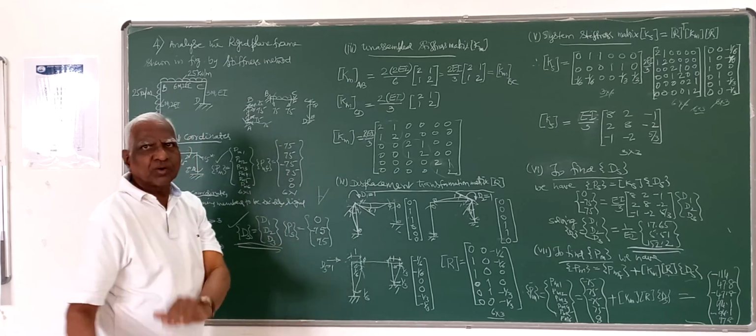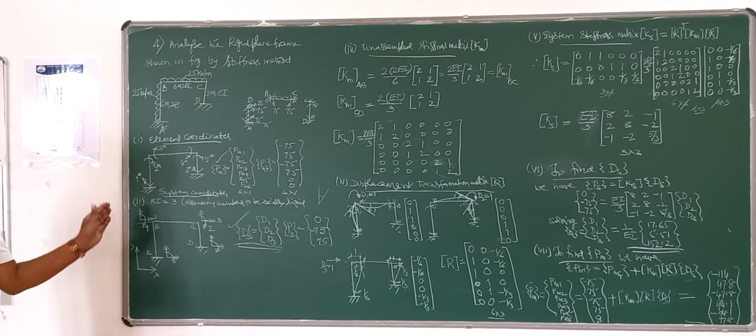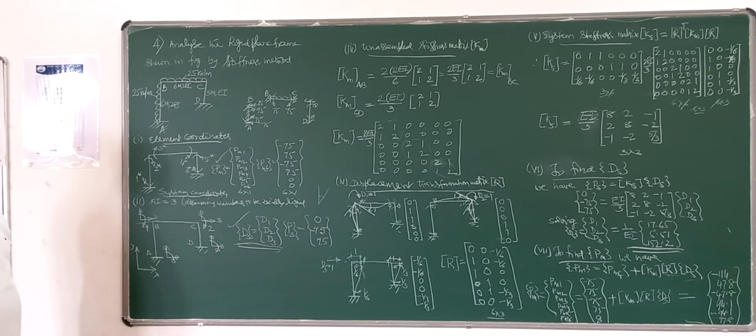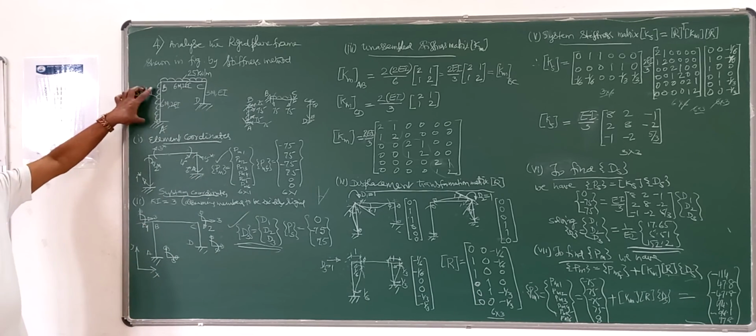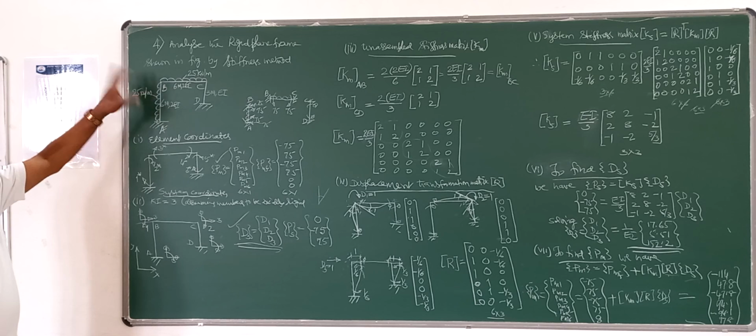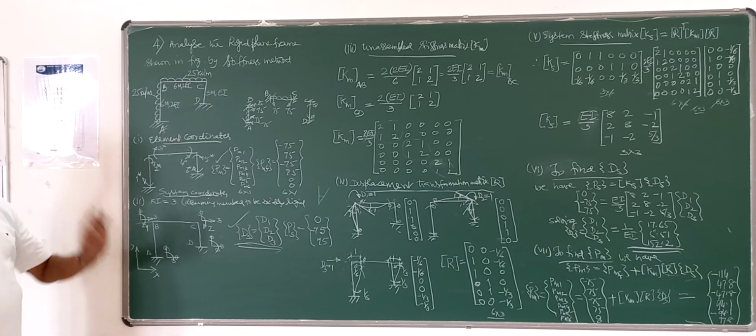All generation of matrices and matrix operations, addition, subtraction, multiplication, transpose, you can do, and with these matrix operations we can analyze this structural problem. So this is the general procedure we follow, and any problem we can take and solve it.